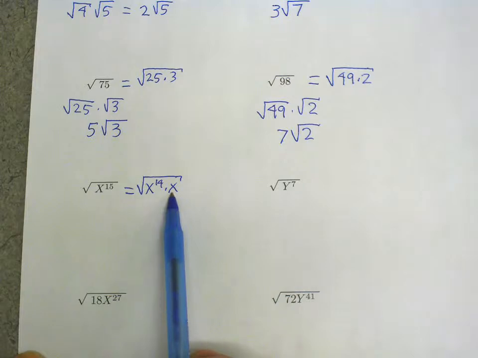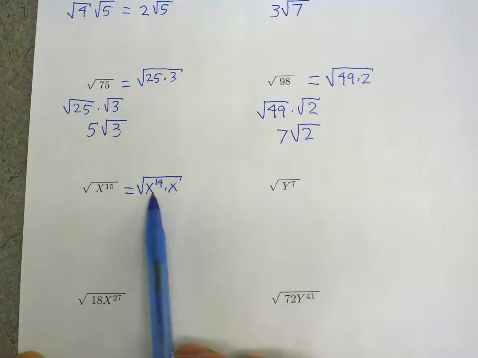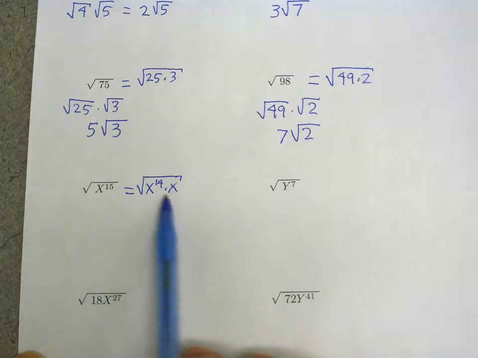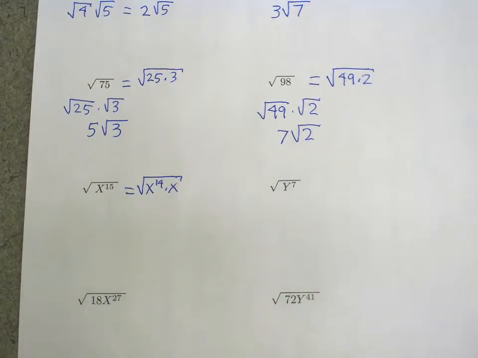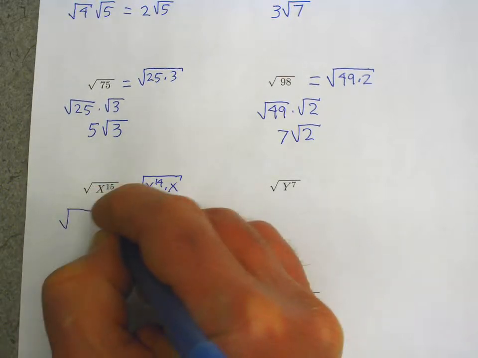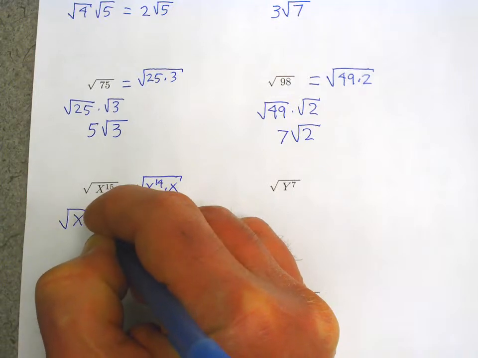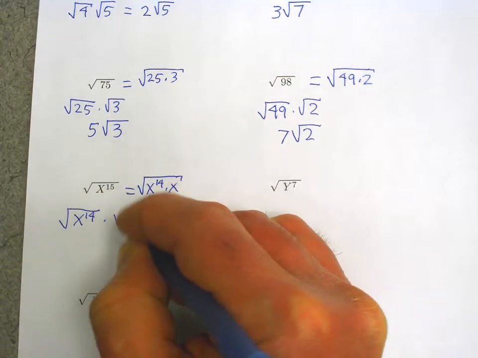Remember, x by itself means x to the first. So on the inside of the square root, we're just applying one of the properties of radicals. Okay, so the next step, we write the square root of x to the 14th times the square root of x.